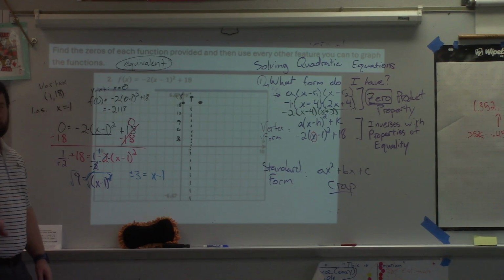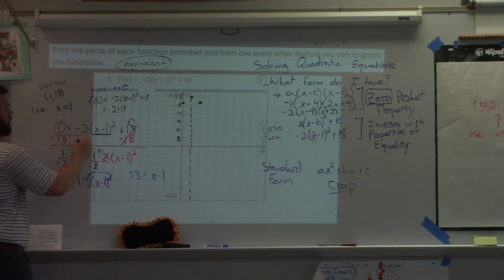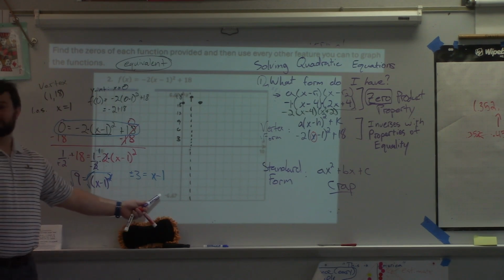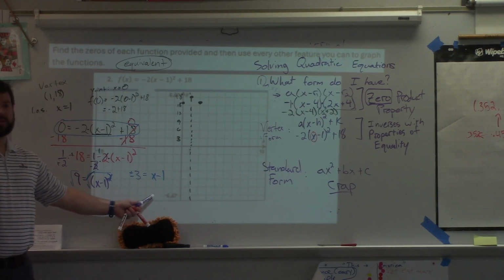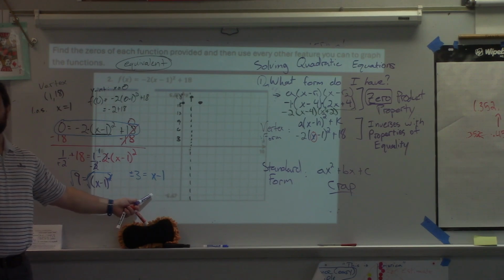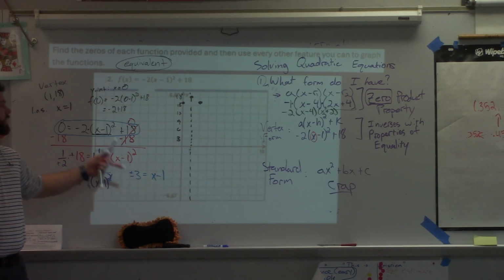Now, I want to pause and point this out. We started all the way back here with this equation, didn't we? Now we've gotten down to this. That's way easier, isn't it? But this way easier one is not helpful unless it's telling the same story as the original.